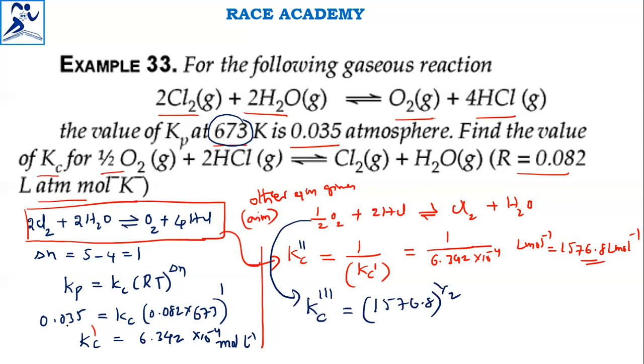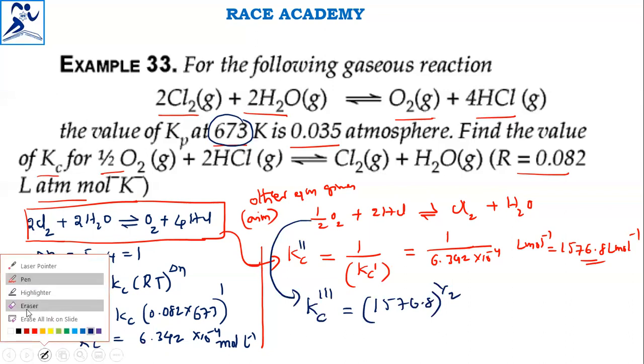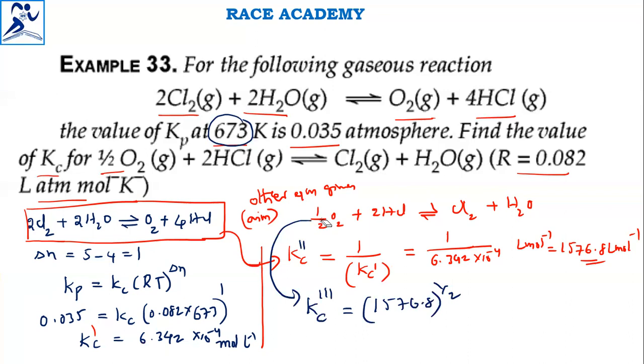Why? Because here I will give you clarity, the aim equation is different, and the Kc double dash value we got is for O2 plus 4HCl in equilibrium with 2Cl2 plus 2H2O.